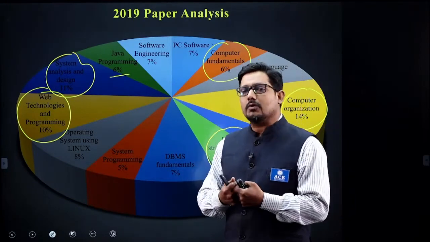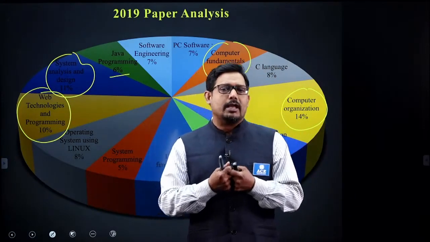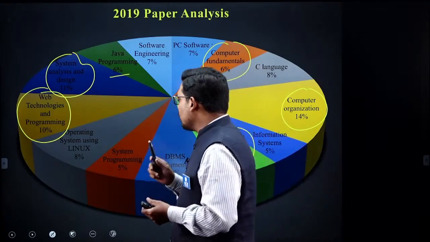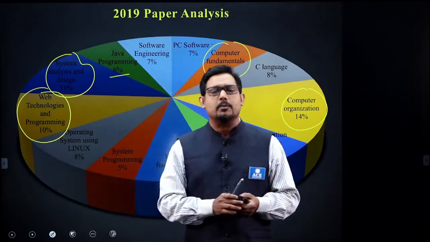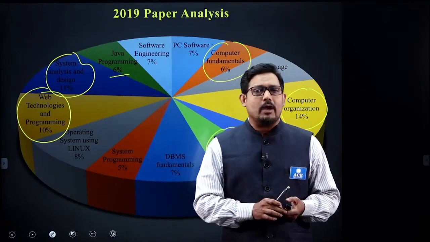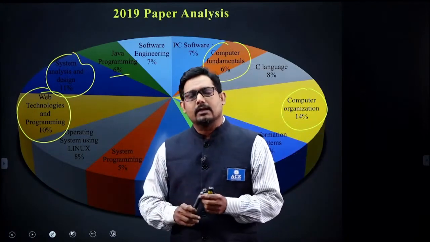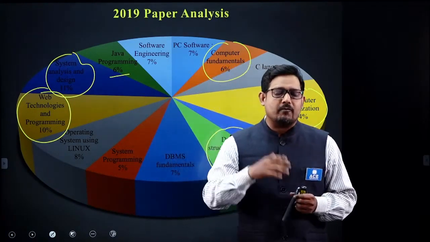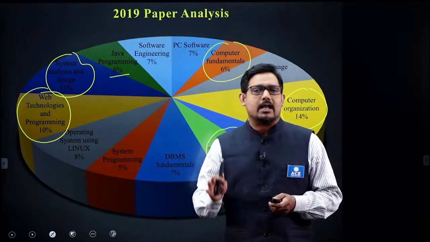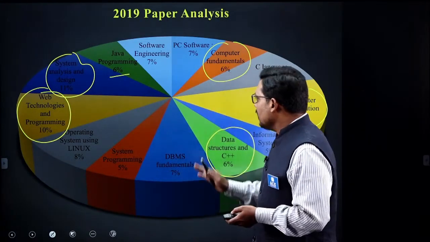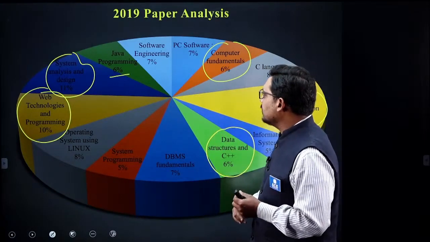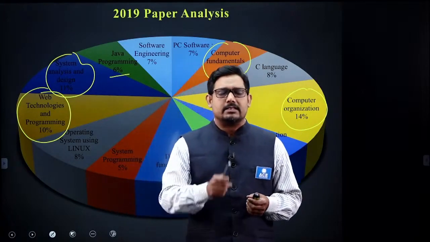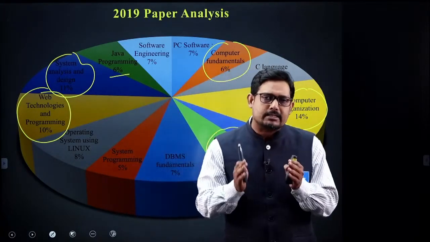The level of the question will be direct questions testing your fundamental understanding of each topic. Every topic should be covered. That is the first thing when you are preparing for the examination. If you have a tendency of skipping something, then definitely it is going to reflect in your performance in this RRB JE examination. So the advice and suggestion is that you try to cover the entire syllabus.